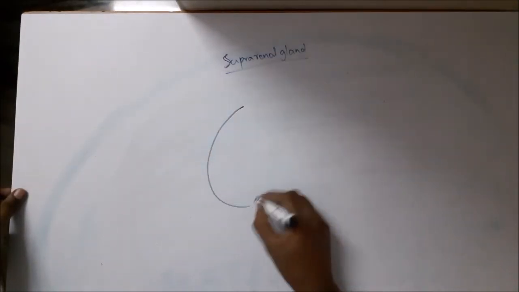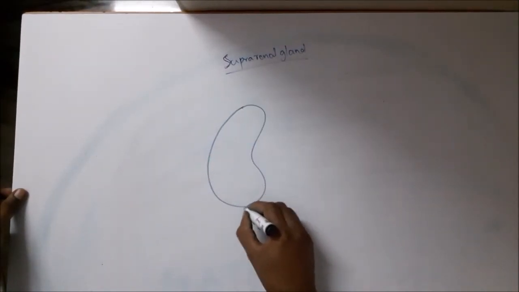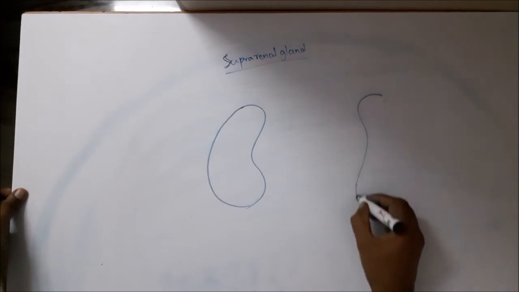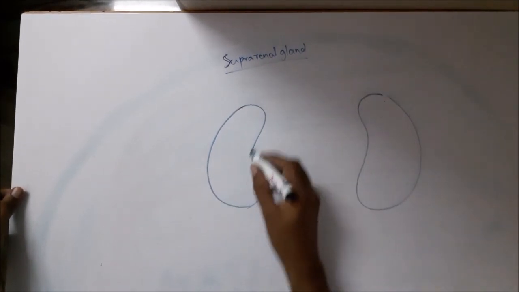For that we'll just draw a diagram of this. This is the right kidney, this is the left kidney.